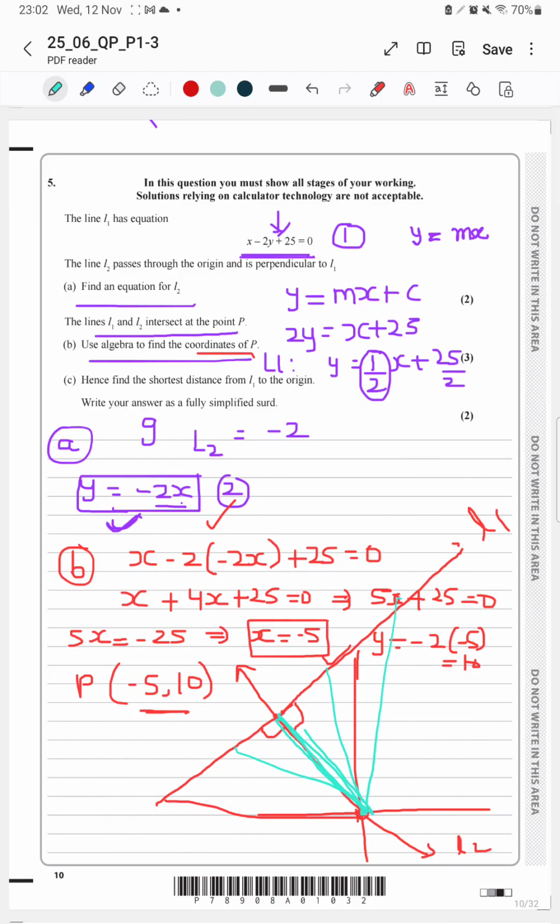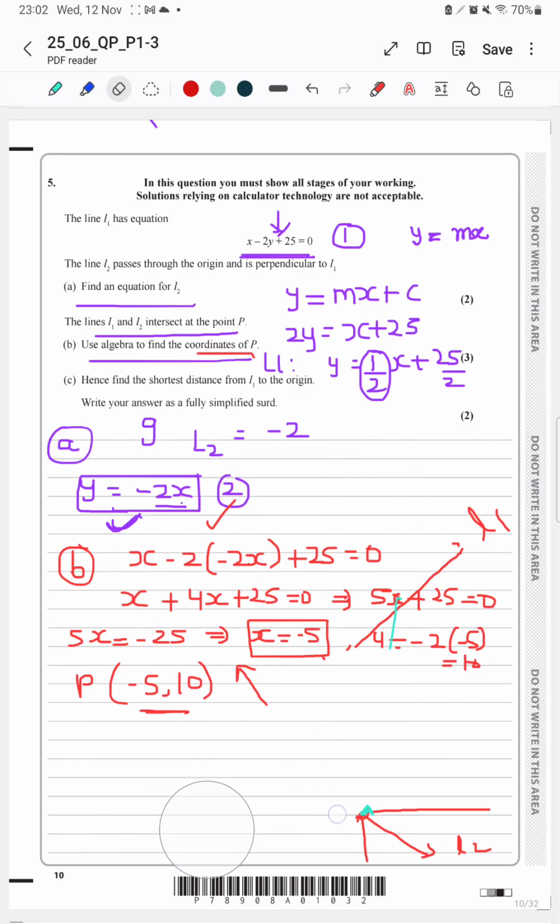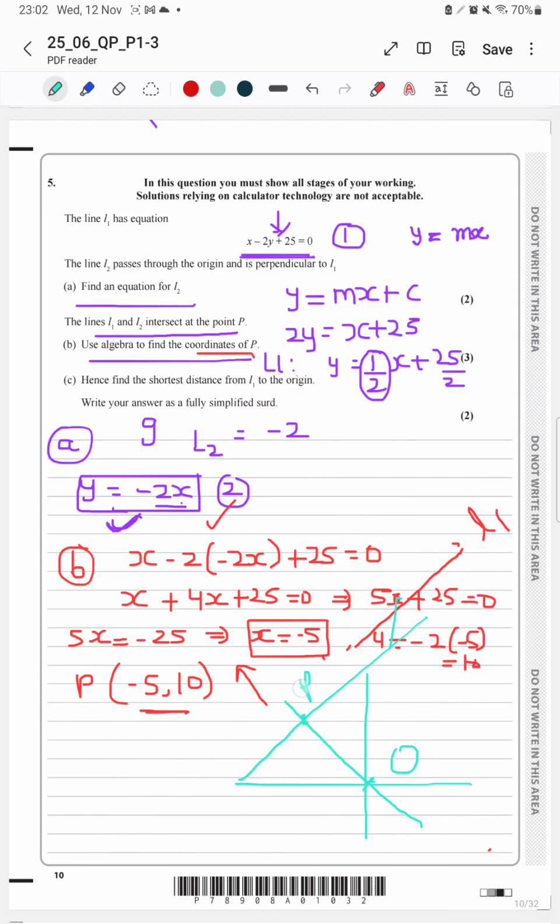So how can we find this shortest distance? That we have to work on. So for that, I will be redrawing this. So this is the situation. One line is passing this way, and another line is passing this way, and we have to find this distance. Let's say this is O and this point P is given. So we have to find OP.